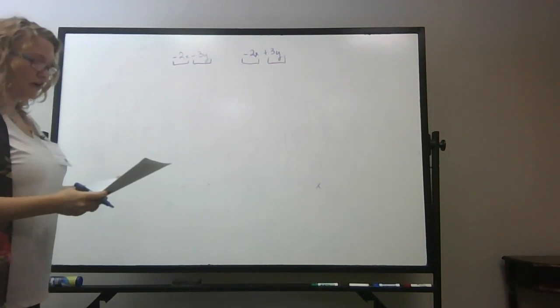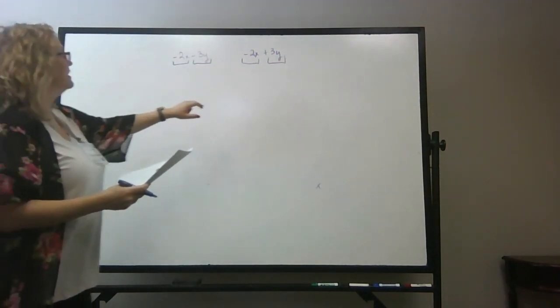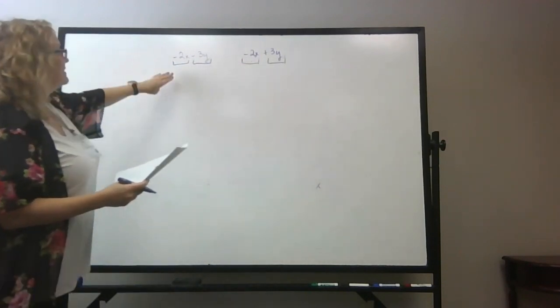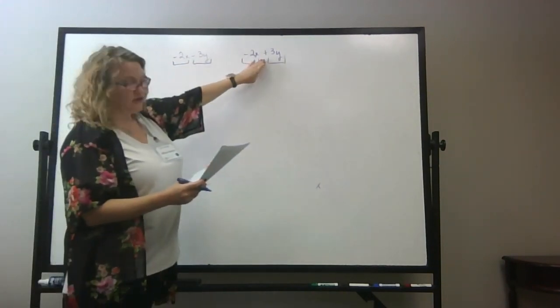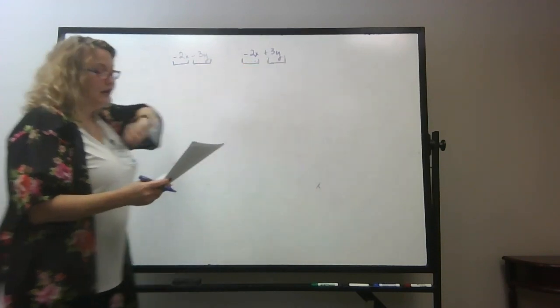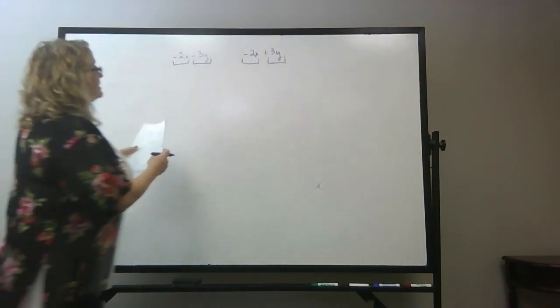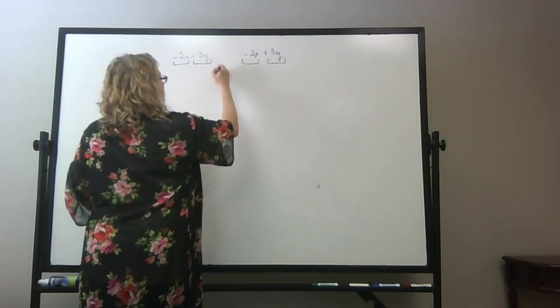The only thing different between these is just this sign right here. Otherwise, these are the same, but we've changed that second sign. So what we would say is these are conjugates.